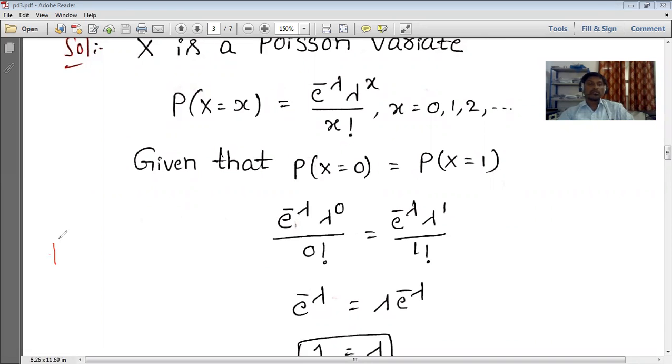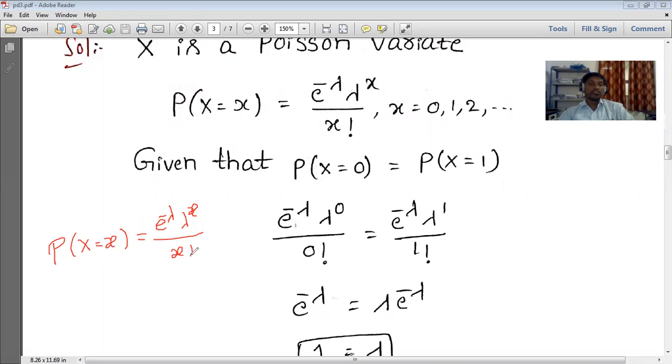So here which formula we are going to apply? P of capital X is equal small x, which is equal e power minus lambda, lambda power x by x factorial. So this is the formula we are going to apply.